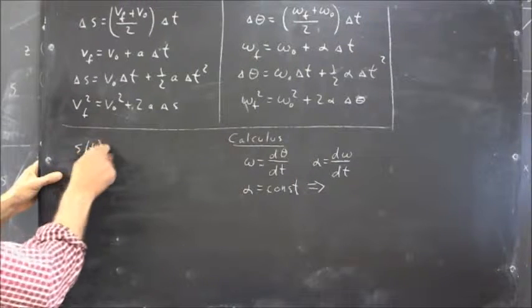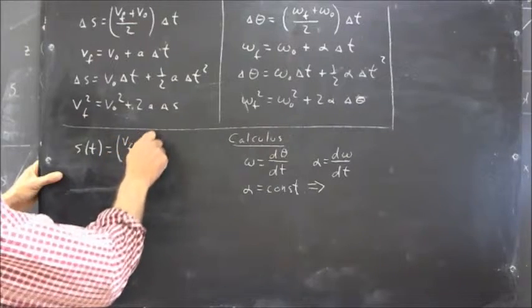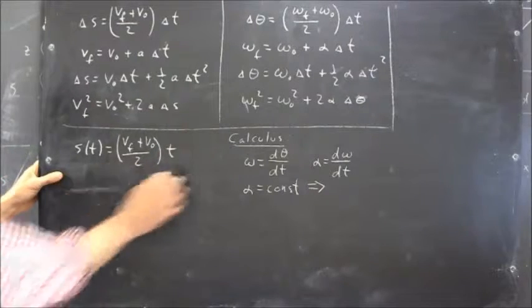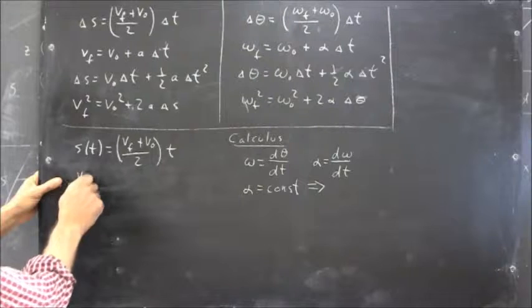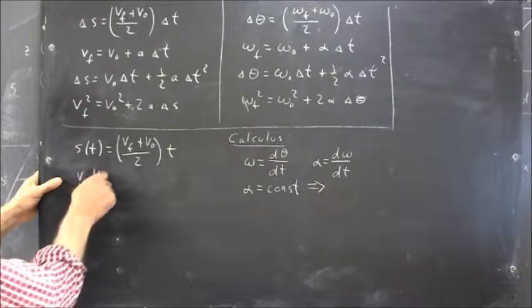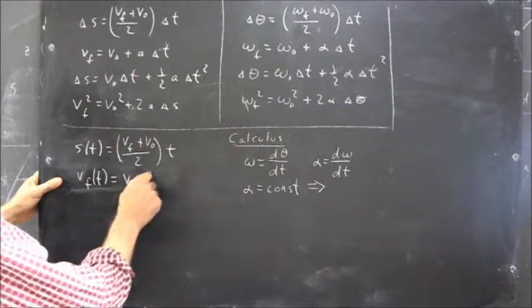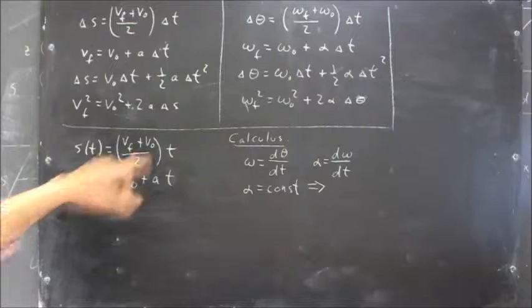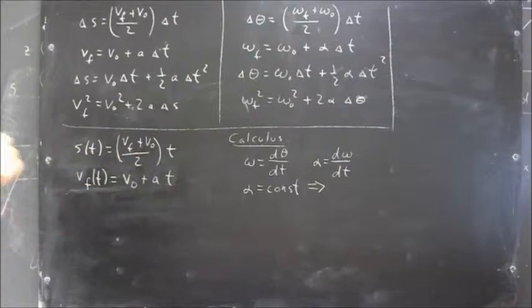S of t equals (VF plus V naught) over 2 times t, if you want to talk about the position function. VF of t equals V naught plus AT, where V naught is the velocity when t equals 0.